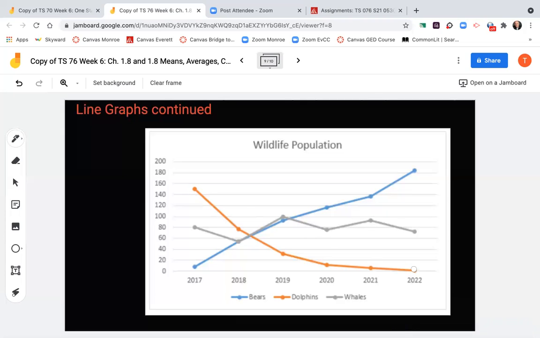But by 2022, that went down to essentially 0. Something really bad is happening in our area to dolphins. So we're going to be first and foremost worried about what are we doing wrong in our ocean to the dolphin population.